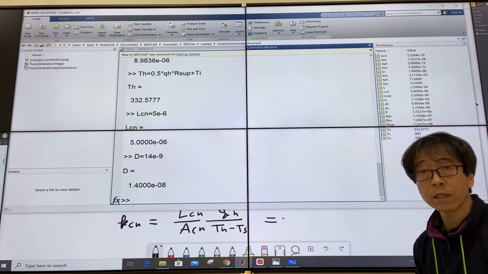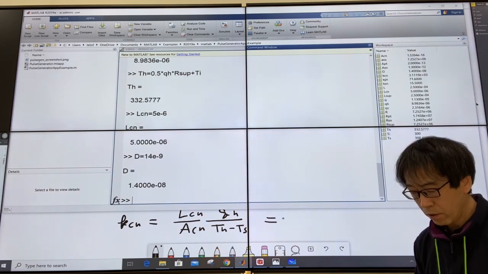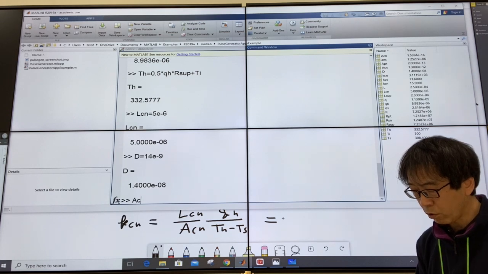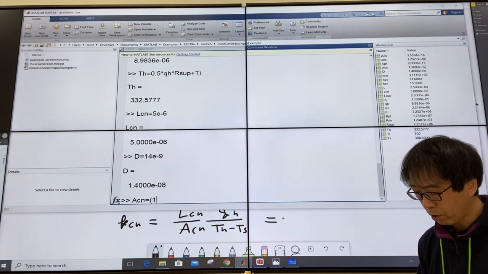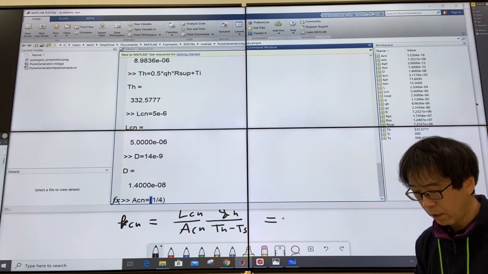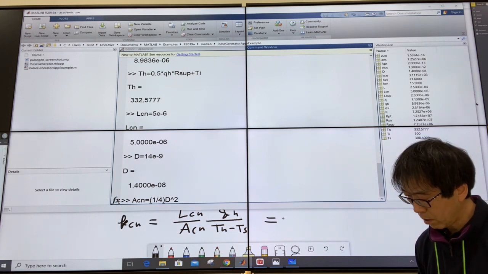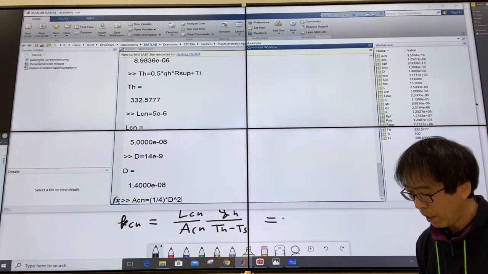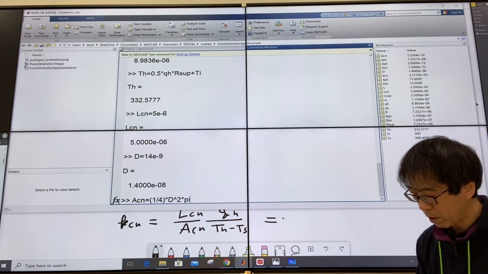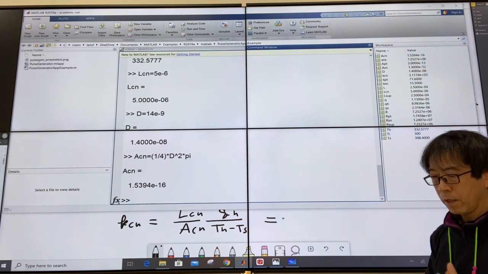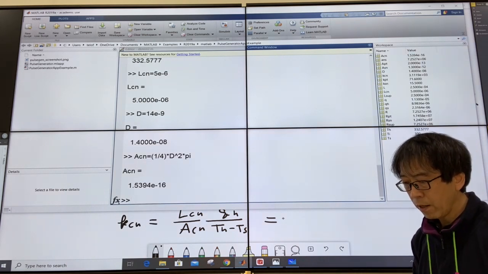Amazing, very small, right? Pi is already embedded here. So this is the area.